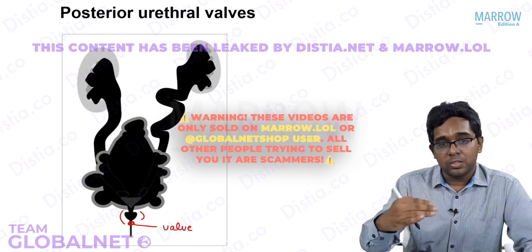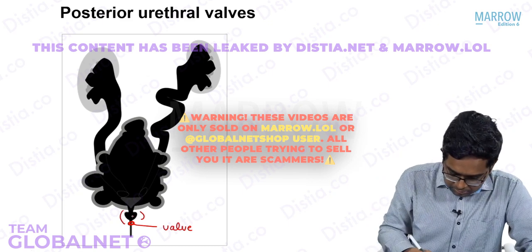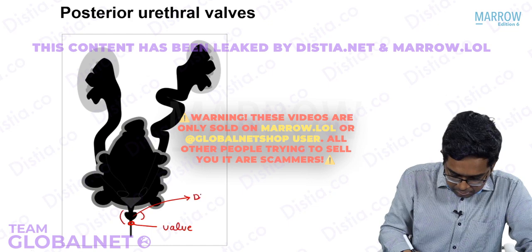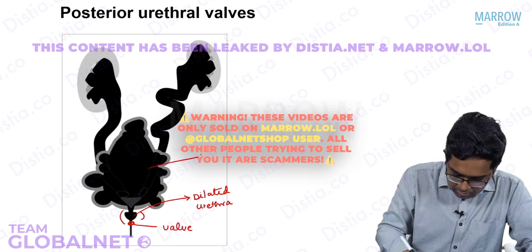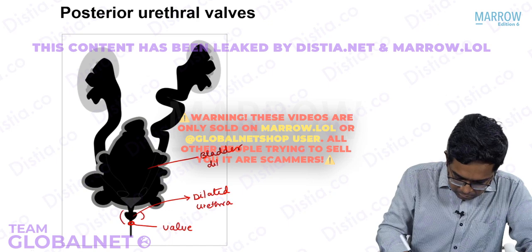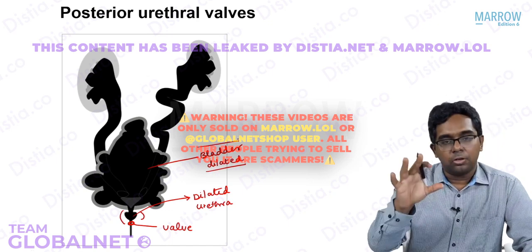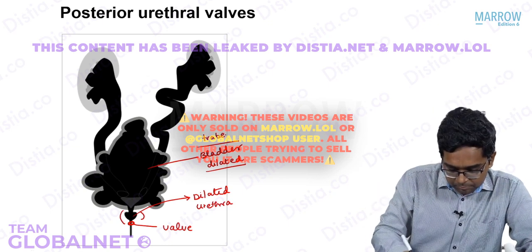So what happens? The areas proximal to that obstruction will become dilated. You can see that this part of the prostatic urethra above the valve will become dilated. So this is the dilated part of the prostatic urethra. The bladder will become dilated, and you can see the wall of the bladder shows some abnormal contour, which is called trabeculations of the bladder.